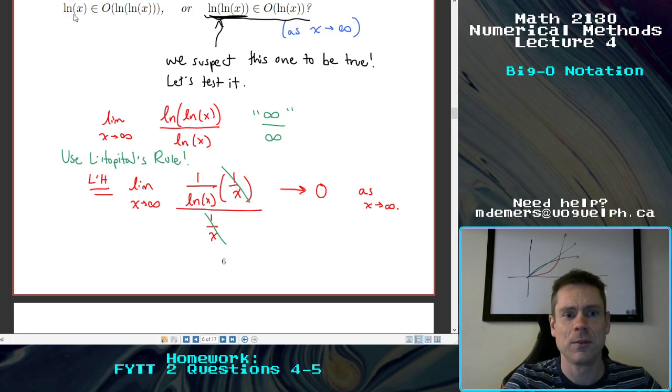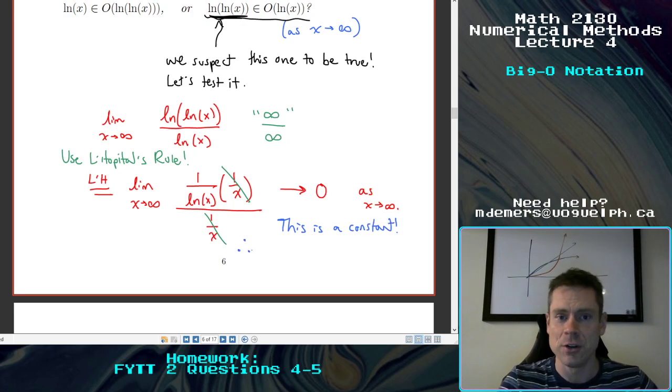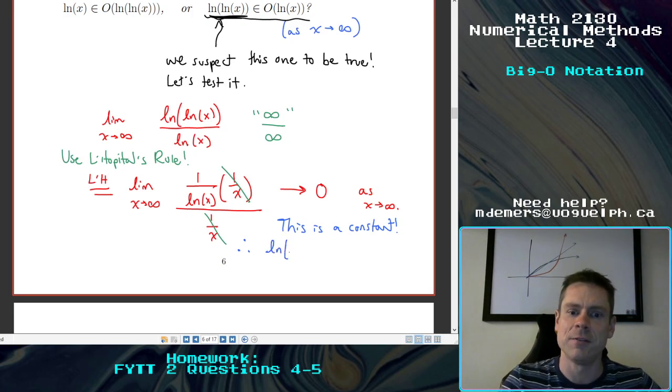So this is a constant. And therefore, we have the conclusion. We have that ln of x is indeed big O of ln of x as x gets very large, okay?